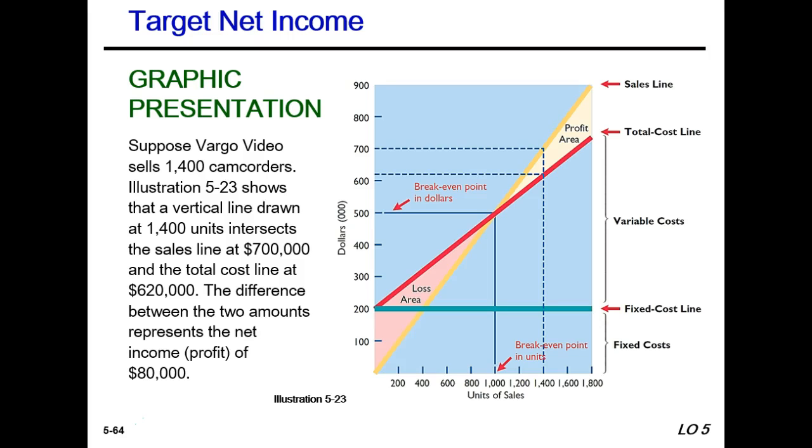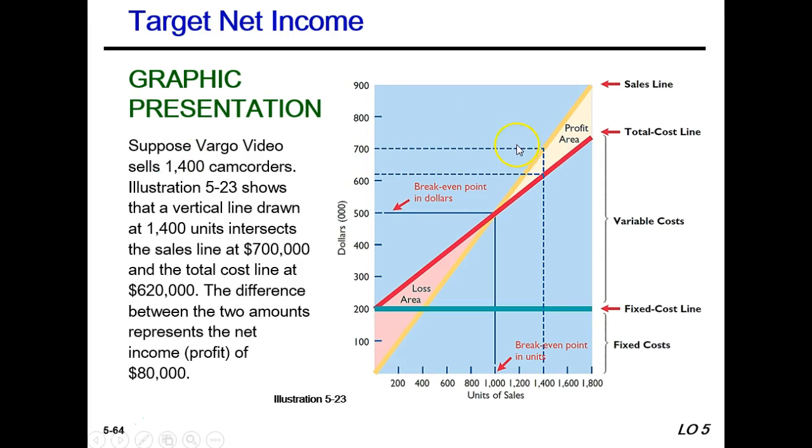Then, as we increase the units, this is where we've got the break even in units. At 1,400, we've got a profit here. Okay? So the line at 1,400 intersects the sales line at 700,000 and the total cost line of 620,000.